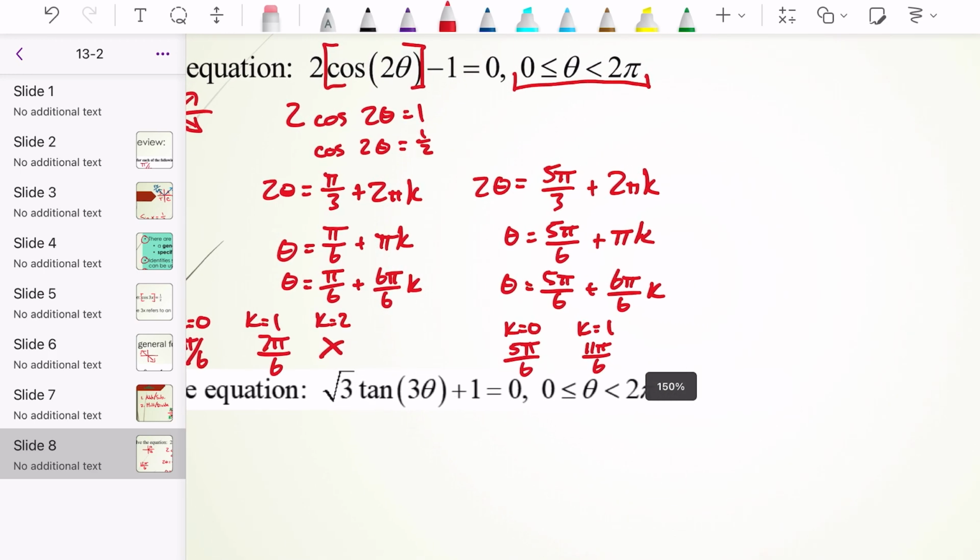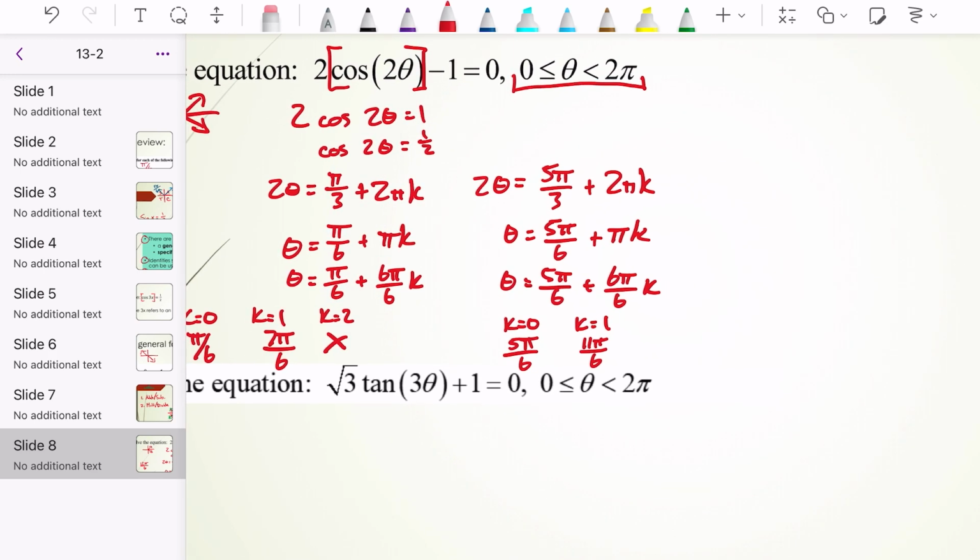Our final solution set for this problem would be pi over 6, 5 pi over 6, 7 pi over 6, and 11 pi over 6.